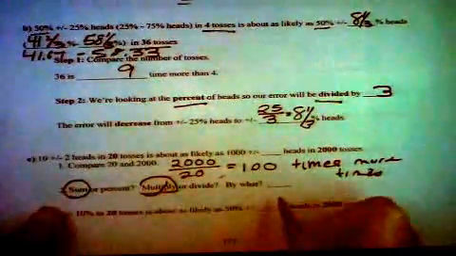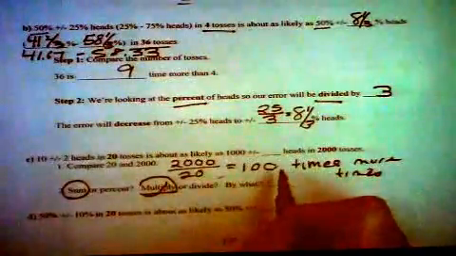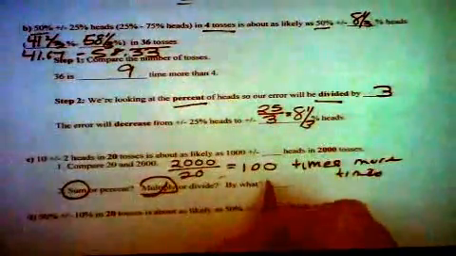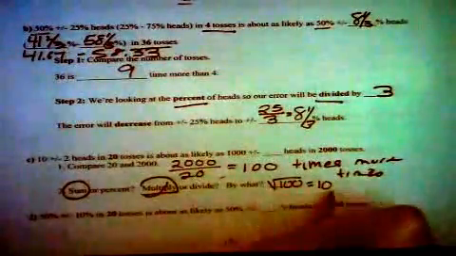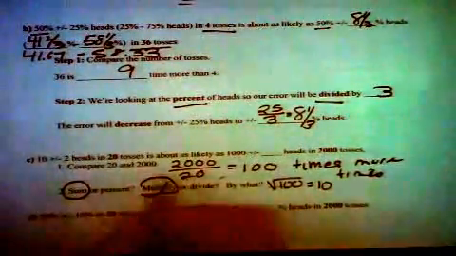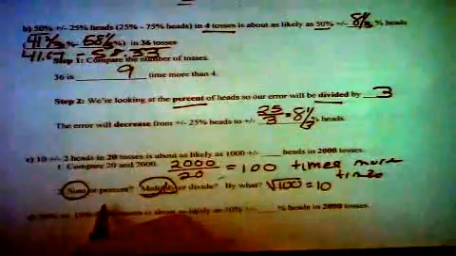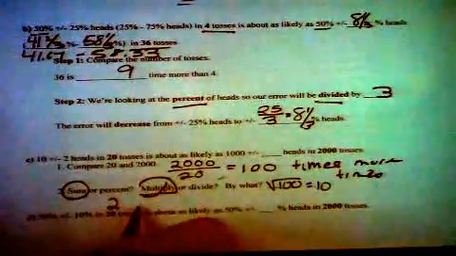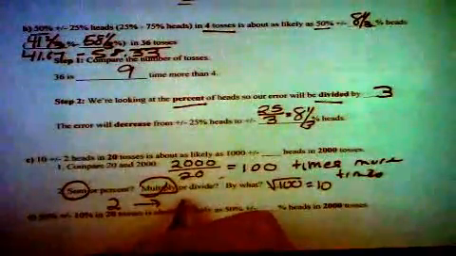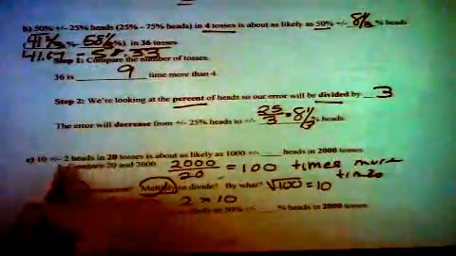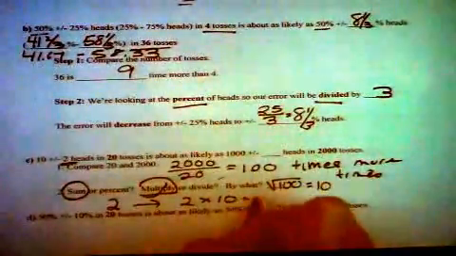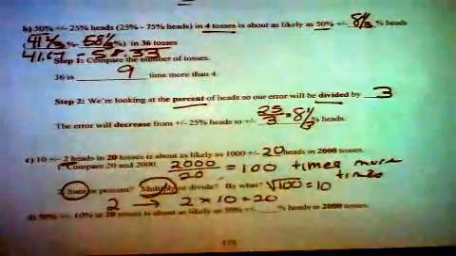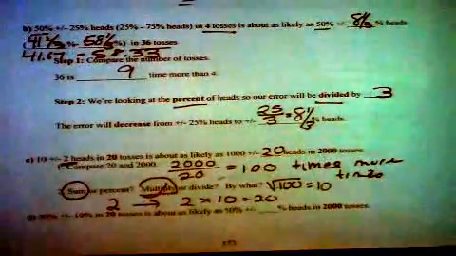And what do we want to multiply by? 100? No, the square root of 100, which is 10. So we want to multiply this error by 10. So 2 will go up to 2 times 10, which is equal to 20. Does that make sense to you?